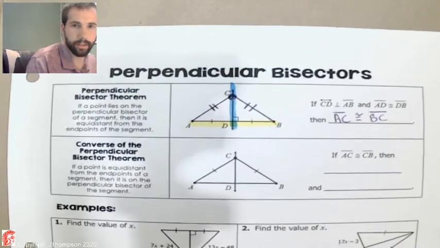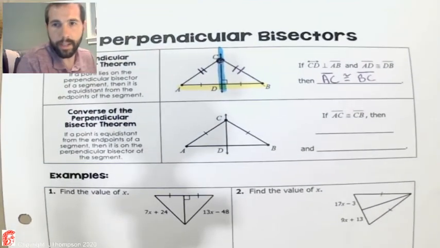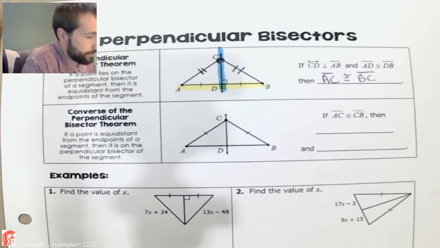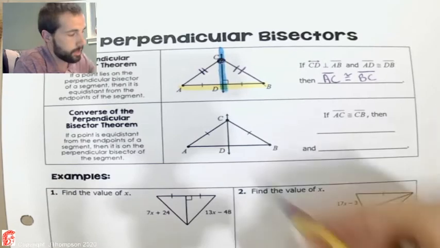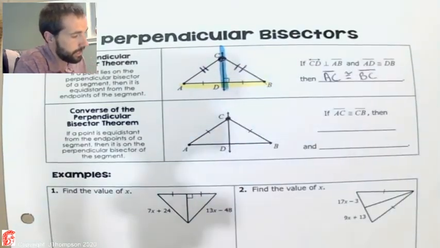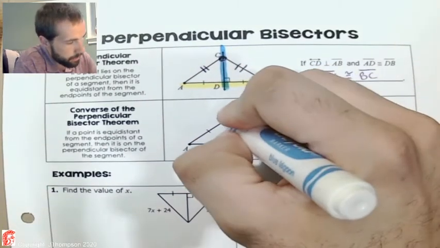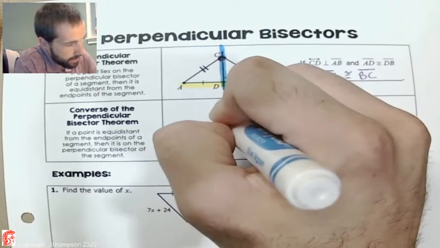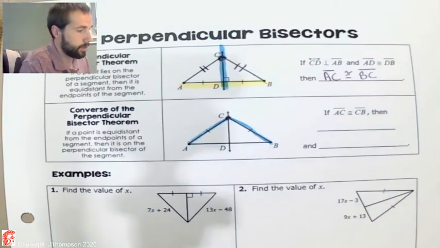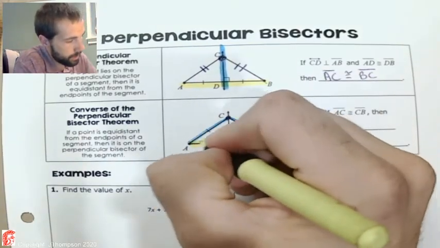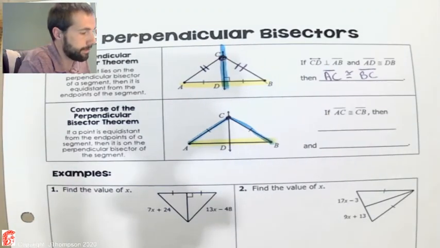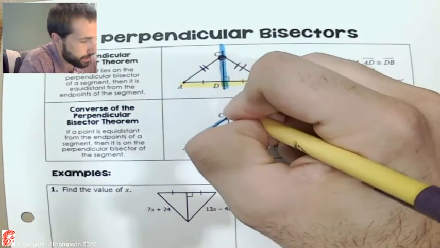Okay, then the converse of that statement says that if a point is equidistant from the endpoints of a segment, then it is on the perpendicular bisector of the segment. So in this case, they're saying that point C is equidistant from B and A. So since C is equidistant from the endpoints of segment AB, it means that CD must be a perpendicular bisector.